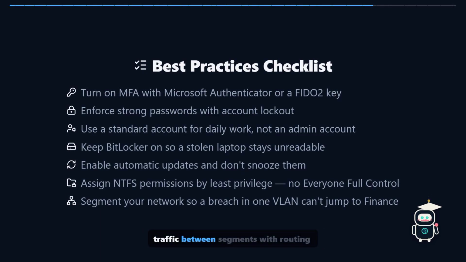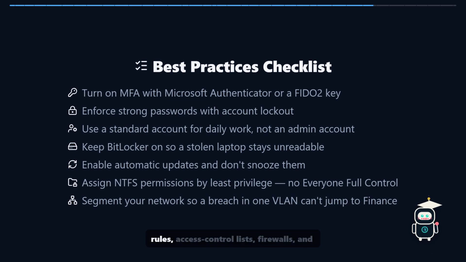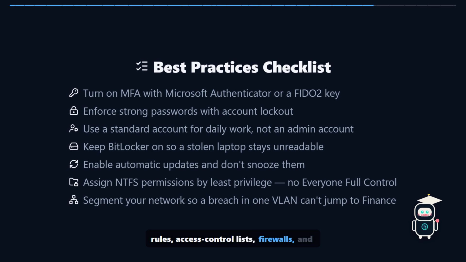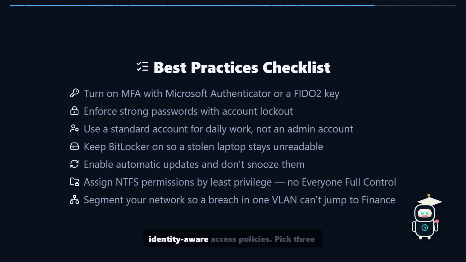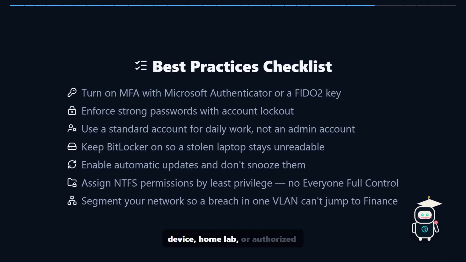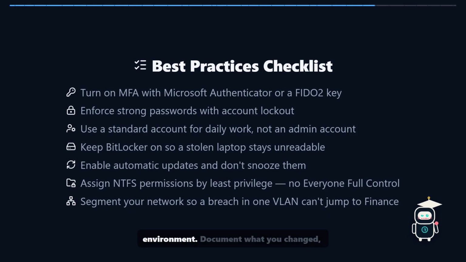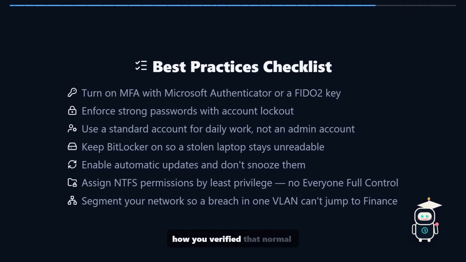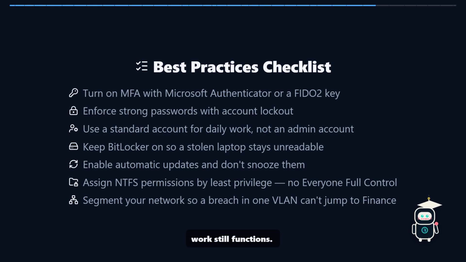Control traffic between segments with routing rules, access control lists, firewalls, and identity-aware access policies. Pick 3 areas that fit your own device, home lab, or authorized environment. Document what you changed, why you changed it, and how you verified that normal work still functions.